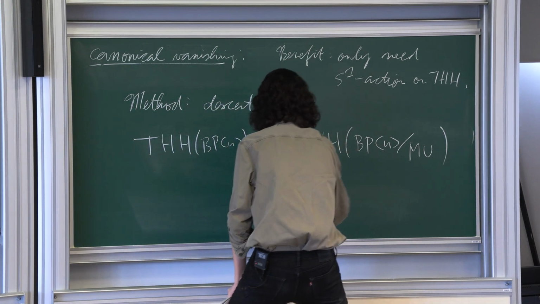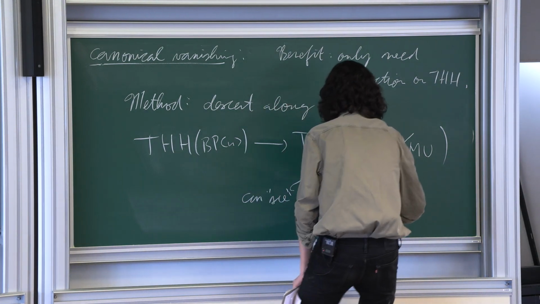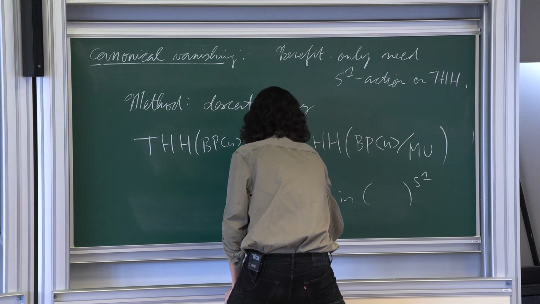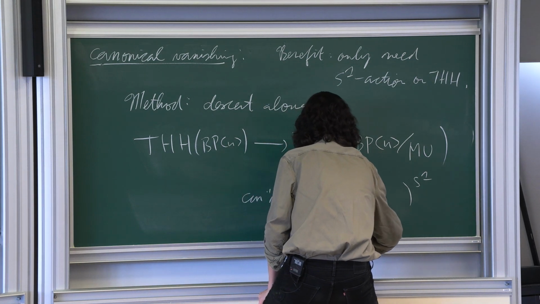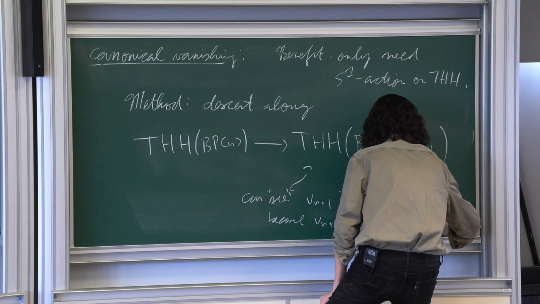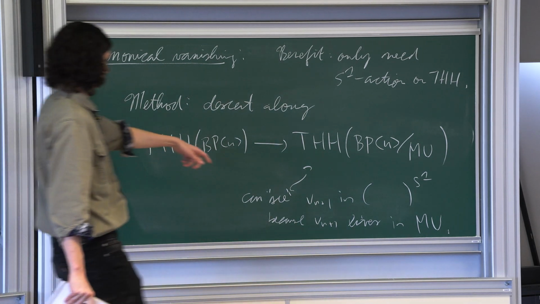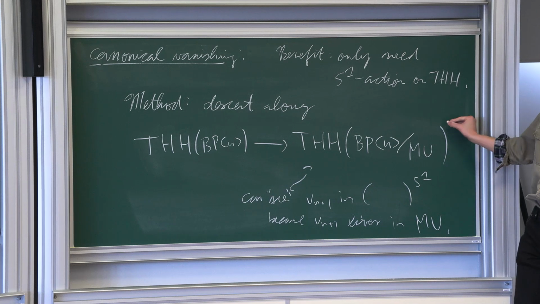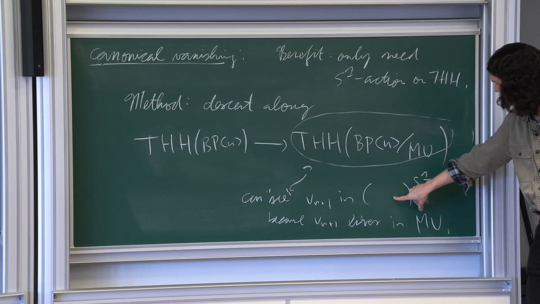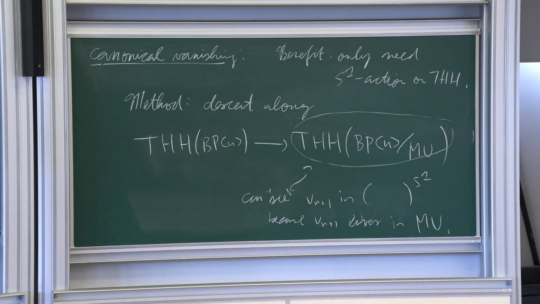And then here you can see Vn plus 1 in the fixed points because Vn plus 1 is visible in MU. So now you have a Vn plus 1 to play with because you're linear over MU, and you can detect that although Vn plus 1 equals 0 in THH, as you go up the tower giving you the homotopy fixed points, Vn plus 1 is no longer 0, but its square is 0 in the first step, and then its third power is 0 in the next step, and so on.